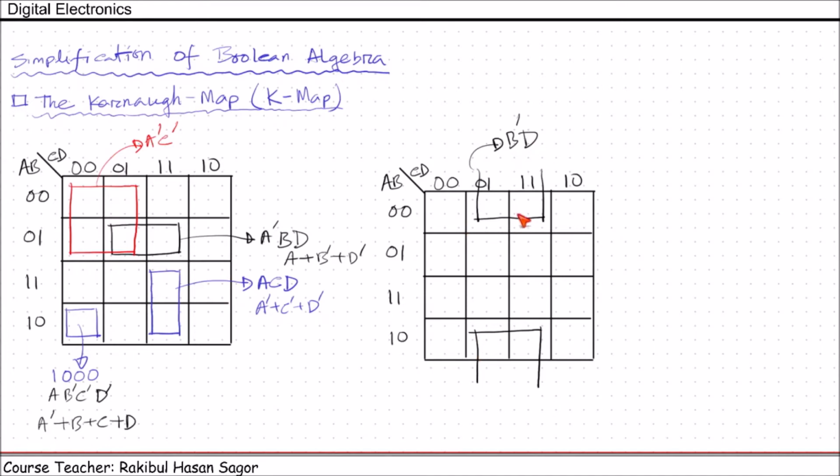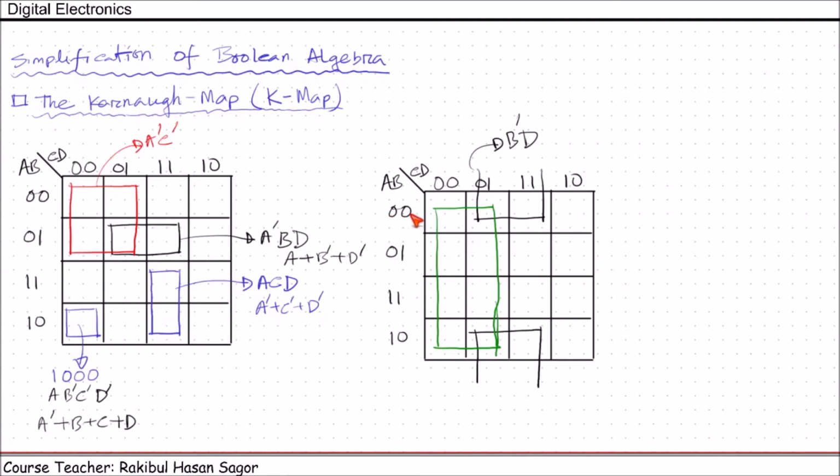Let's see the naming of 8 adjacent cells. What is the name of this green box containing 8 adjacent cells? Here we need to consider 4 horizontal lines and 2 vertical lines. If we consider 4 horizontal lines, all the values of AB are true for these 4 horizontal lines.